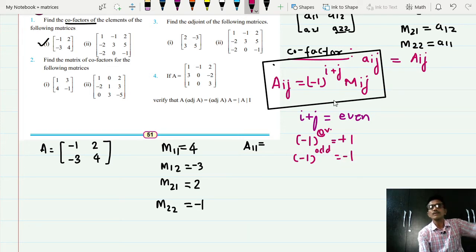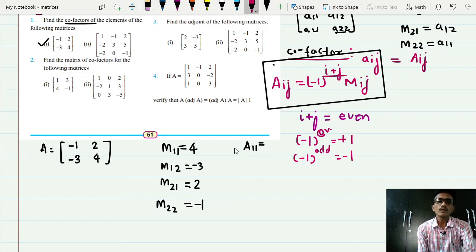So accordingly the signs of the cofactors will change. If i plus j is even, it will be plus 1; if i plus j is odd, then minus 1 raised to an odd power is minus.